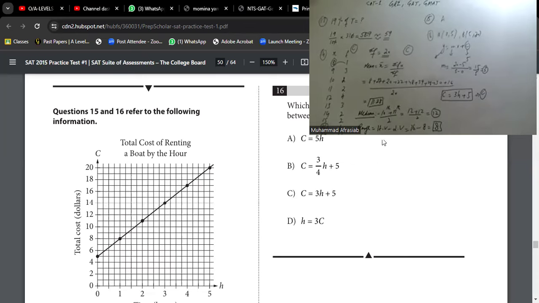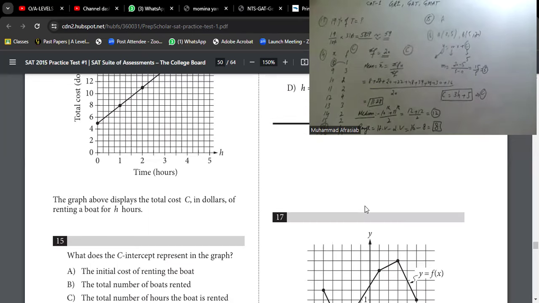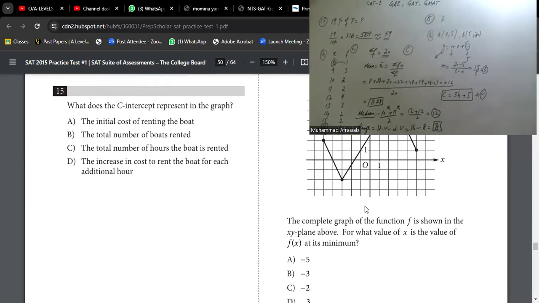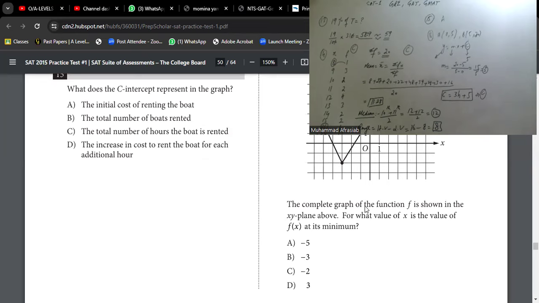Now question number 17. This is the graph shown. The graph of this function f is shown in the xy-plane. For what value of x is the value of f(x) at its minimum?